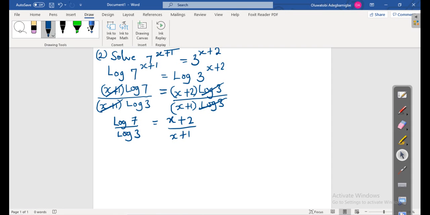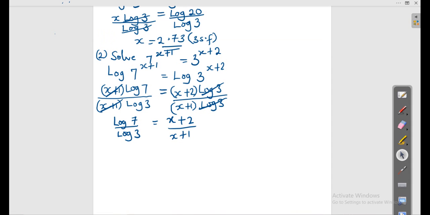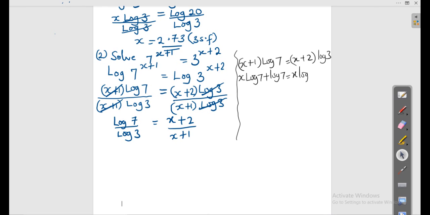Another method you can use in solving this kind of question is to say x plus 1 log 7 equals x plus 2 log 3. Then you do x log 7 plus log 7 equals x log 3 plus 2 log 3.